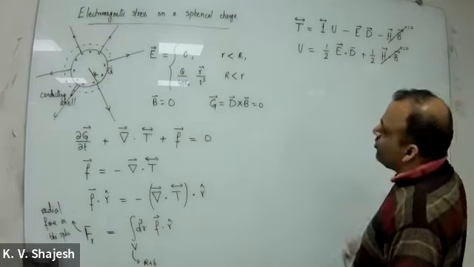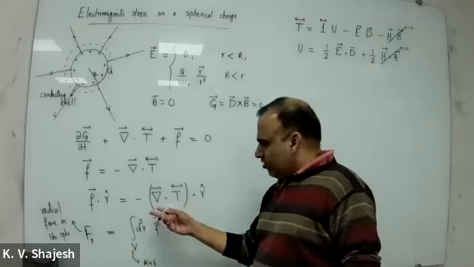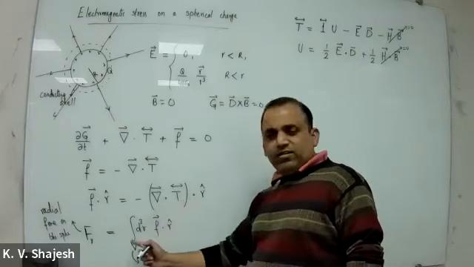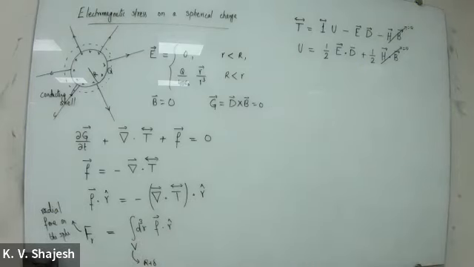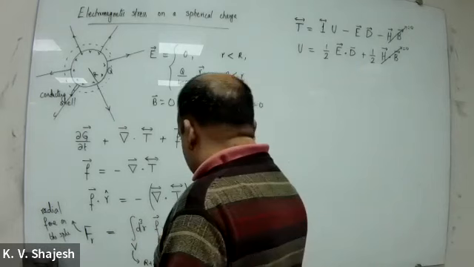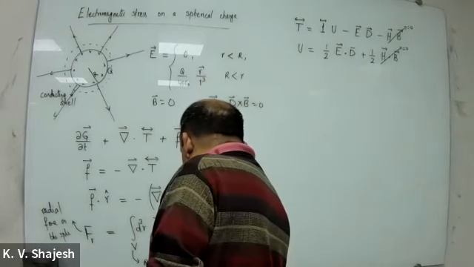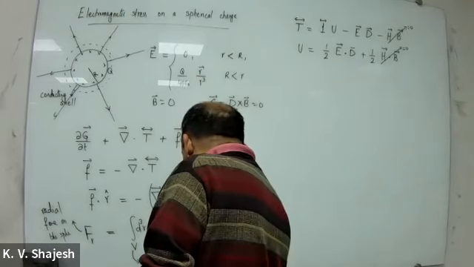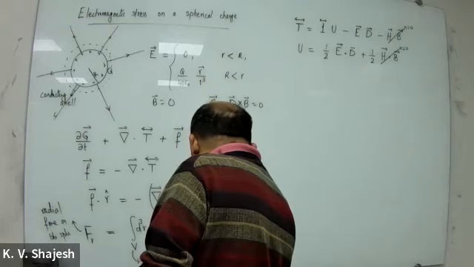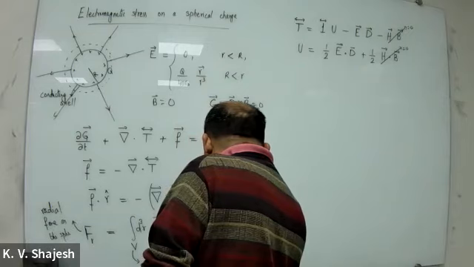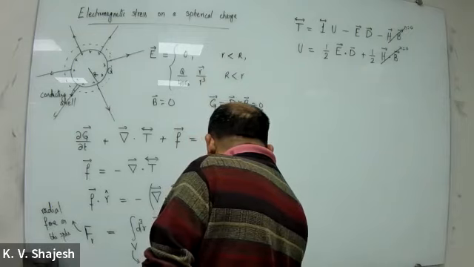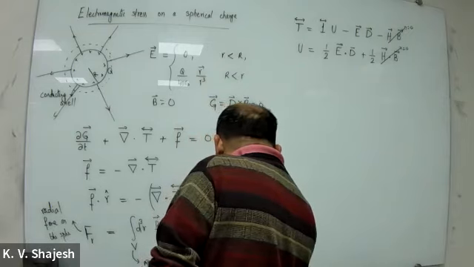Let's calculate U to begin with, and we have to process this also. We have to do this integral, right? That's what we have to work on. So this is equal to d cube R, and it is good to immediately write this with R hat.